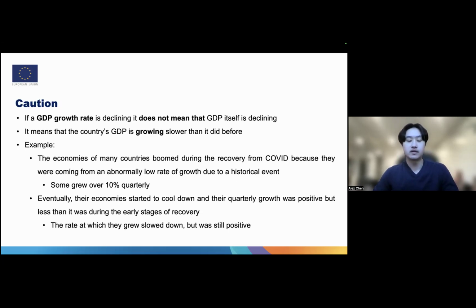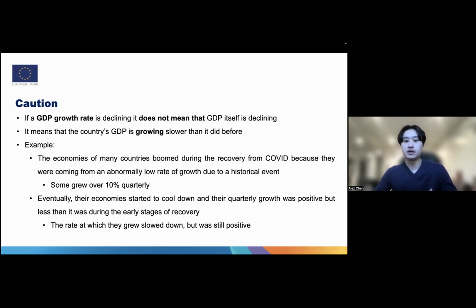And one thing I've seen over the years, not only in the Euro Challenge but also in my time in college, is that sometimes people misunderstand GDP growth. If a GDP growth rate is declining, it does not mean that GDP itself is declining. It just means that the country's GDP is growing slower than it did before. An easy way to understand this is to think about COVID.